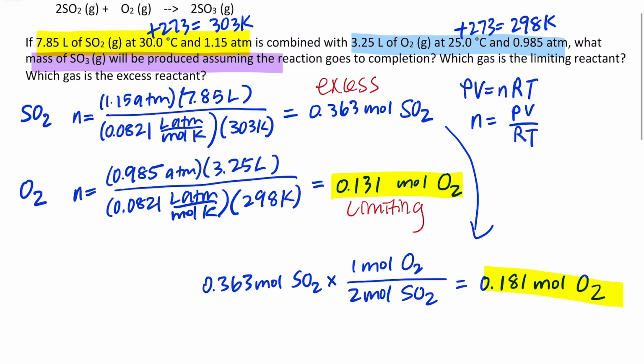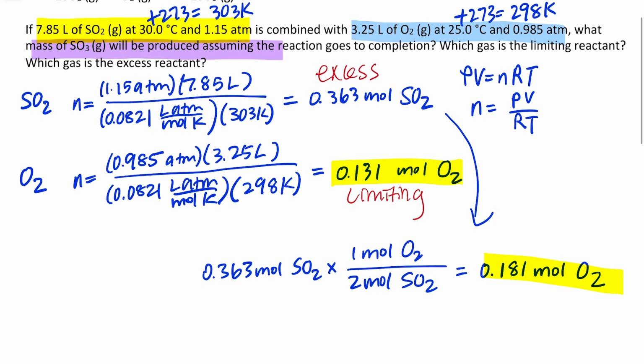Okay, I'm going to scroll down a bit. So for the second question, I'm going to use a different color. So we're going to solve for grams of SO3 given our 0.131 mole of O2.